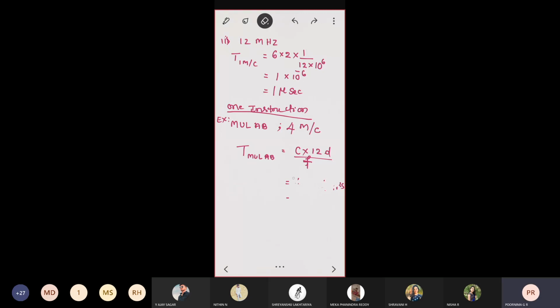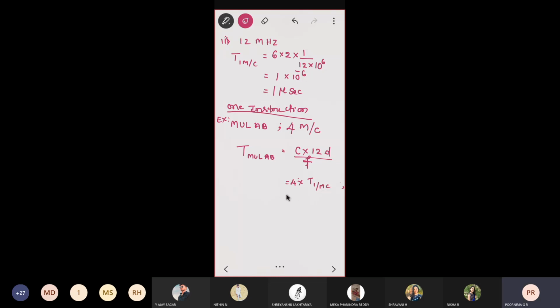This is the general formula you are using for an instruction. But now I have 4 machine cycles, so 4 into this 12D by F, which is nothing but the time period of 1 machine cycle.